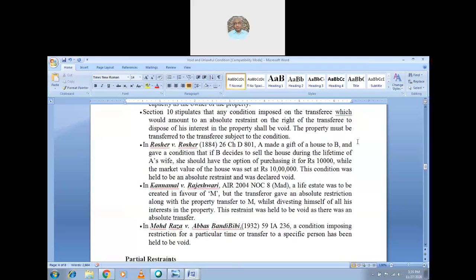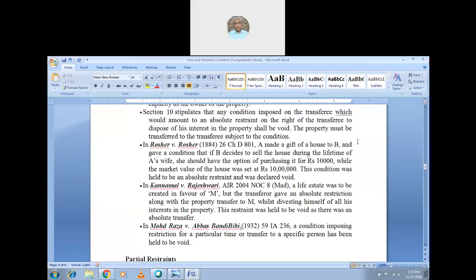Let us see another case law, Kannamal versus Rajeshwari, AIR 2004, the Madras case law. A life estate was to be created in favor of B, but the transferor gave an absolute restriction along with the property transferred to B. So the transferor had kept the absolute restriction while transferring the property, divesting himself of all the interest in the property.